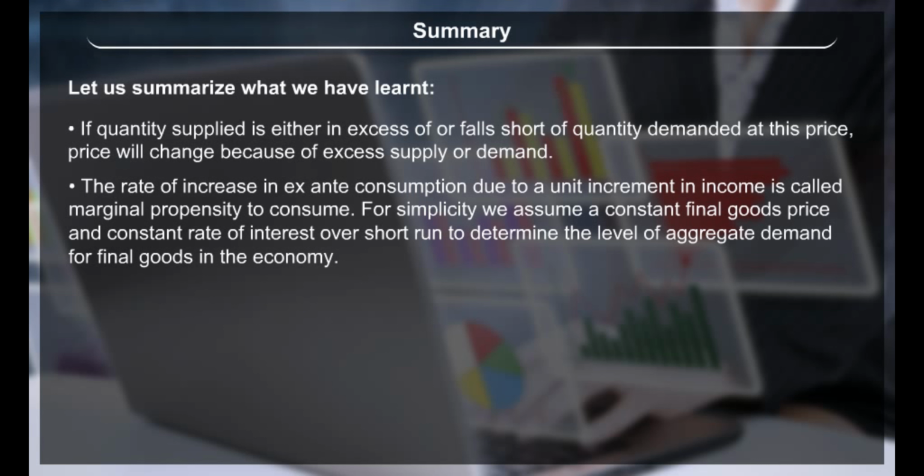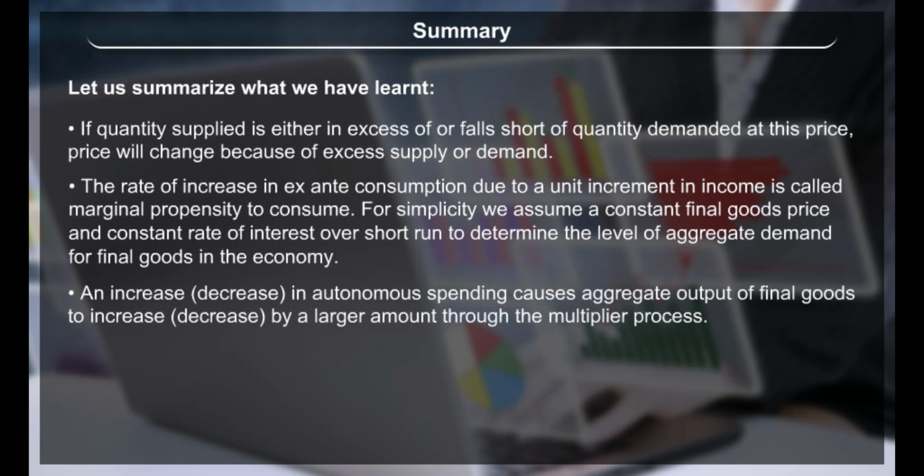For simplicity, we assume a constant final goods price and constant rate of interest over the short run to determine the level of aggregate demand for final goods in the economy. An increase or decrease in autonomous spending causes aggregate output of final goods to increase or decrease by a larger amount through the multiplier process.